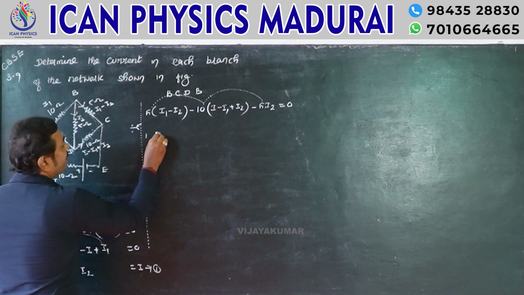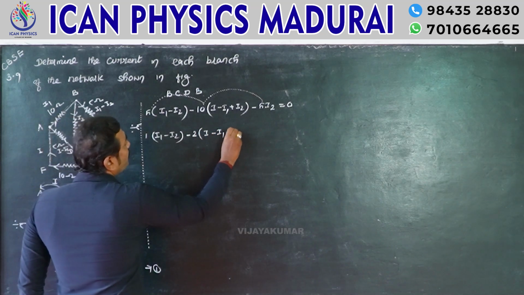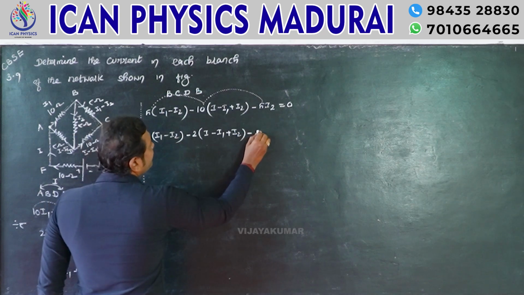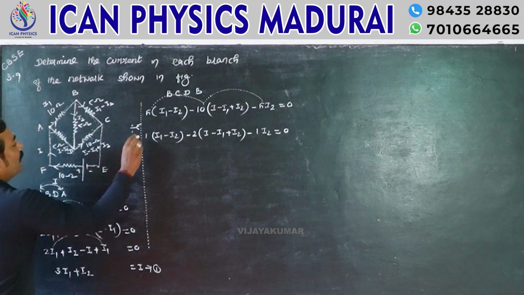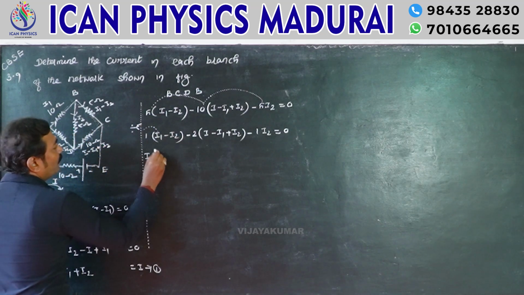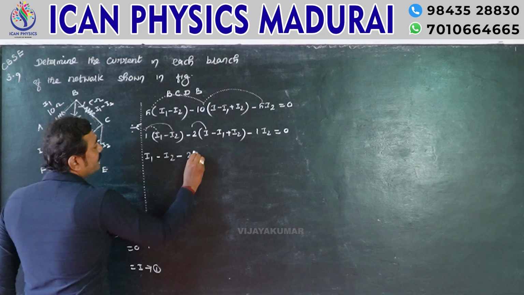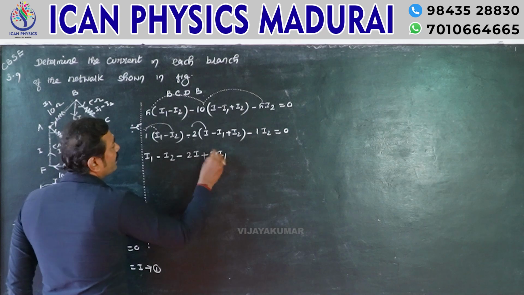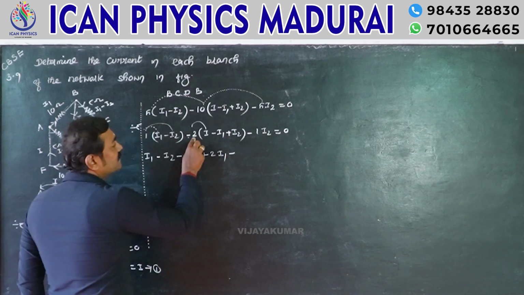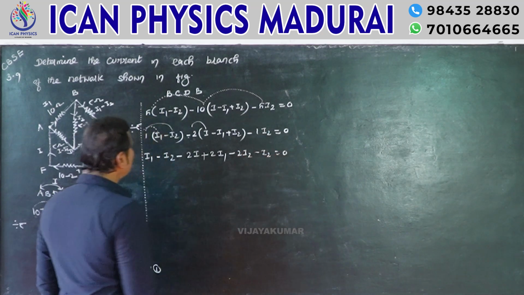So 1 5 is 5. Okay. I1 minus I2. 2 5s are 10. I minus I1 plus I2. My 1 5 is 5. 1 into I2 equal to 0. Now 1 into I1 minus 1 into I2 minus 2 into I minus I1 plus I2, so 2 into I1, minus 2 I2, and minus I2, equal to 0.